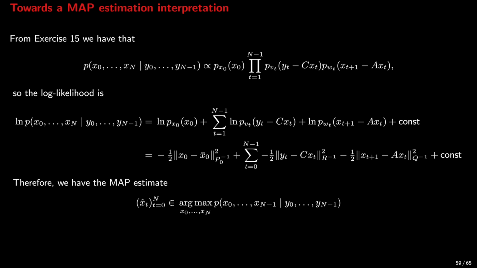The MAP estimate of the states from x0 to xn, given the outputs from y0 to yn-1, is a maximizer of the a posteriori density function.